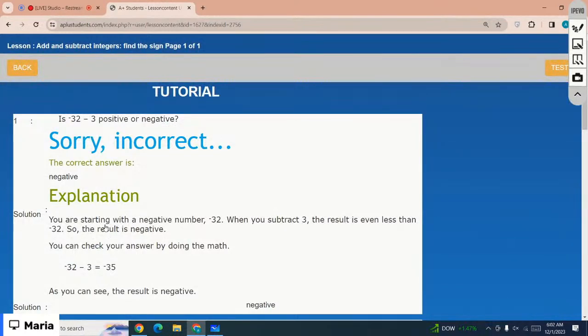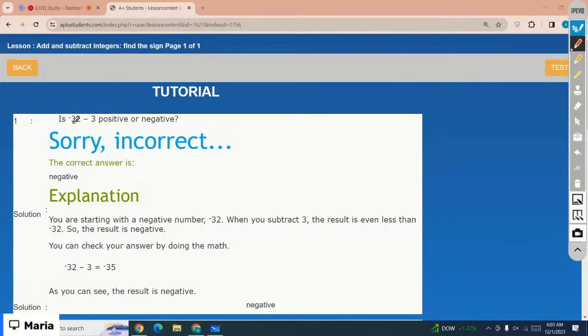Okay, is negative 32 minus 3 positive or negative, right? If you rewrite this, it is negative 32 plus negative 3. You are adding two negative numbers, right? So when you are adding two negative numbers, the answer must be negative.